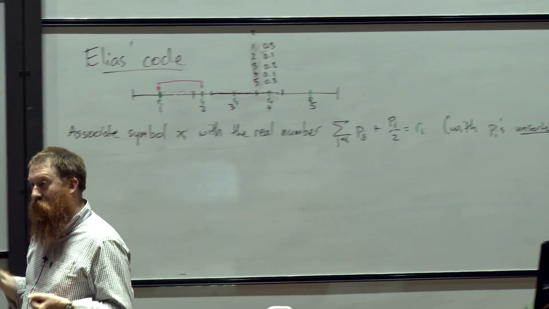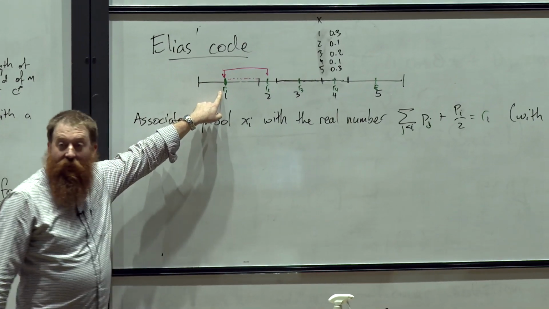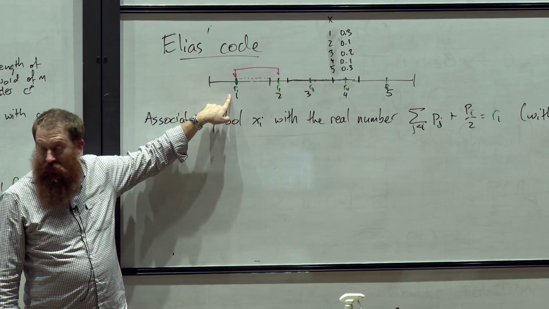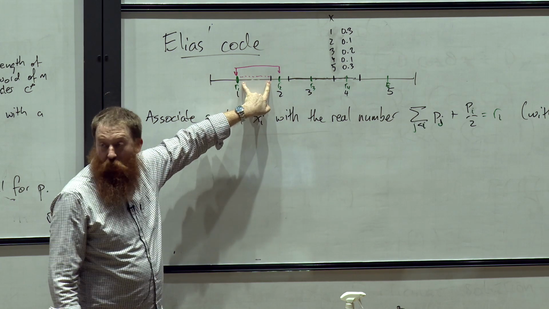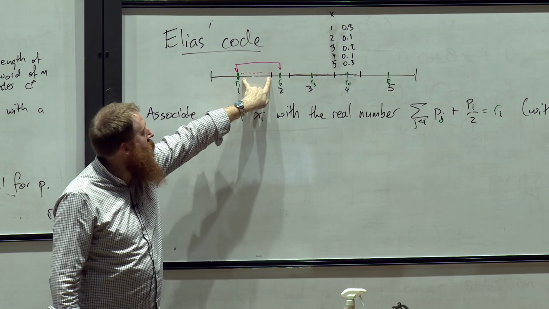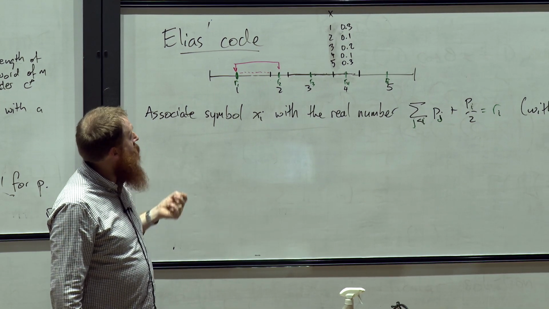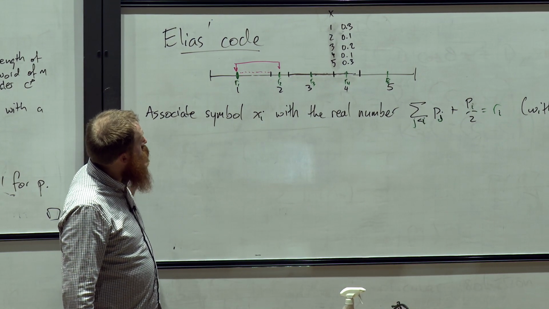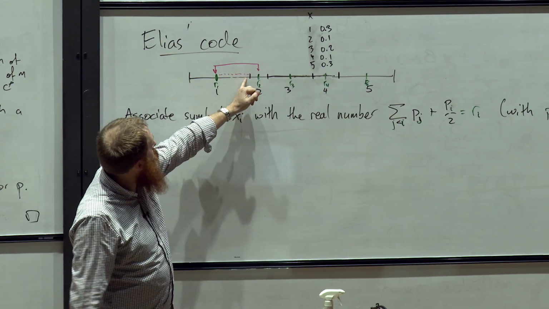So what do I need to do to tell you which code word I have? I need to tell you this number sufficiently accurately that you can figure out what number I'm telling you within that much tolerance. Okay, so if I tell you that my number is 0.21, you know that lies in this interval.